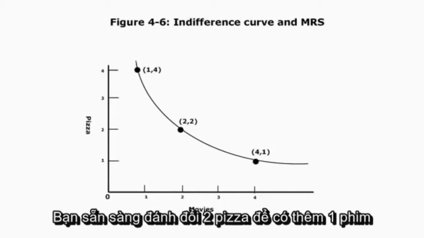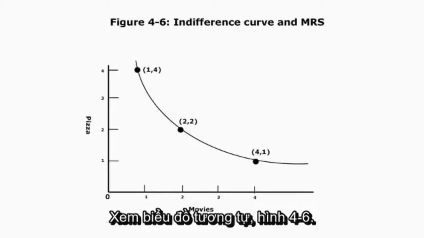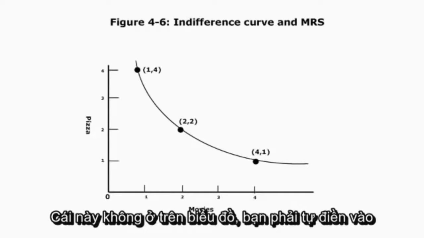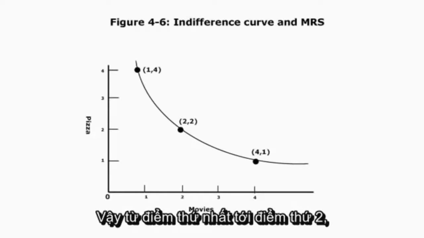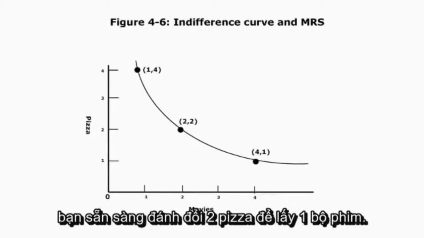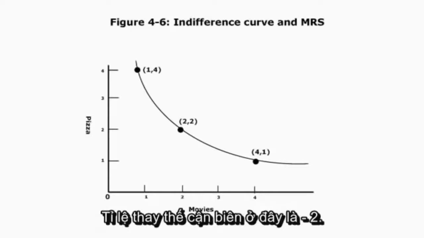You are willing to give up 2 pizzas to get 1 movie. This is the same graph, figure 4-6. Okay, this isn't on the graph. You have to write it on. So going from that first point to that second point, you're willing to give up 2 pizzas to get 1 movie. Okay? So that marginal rate of substitution is -2.